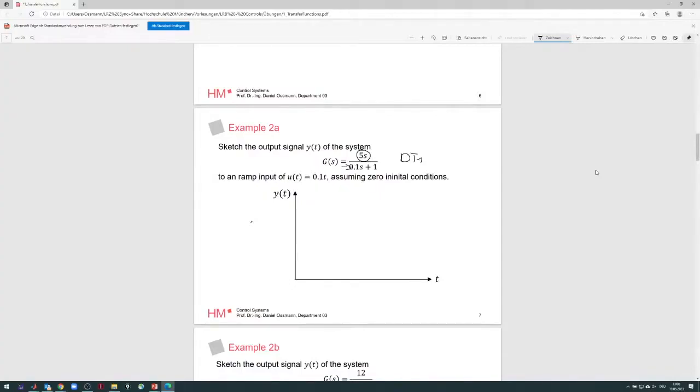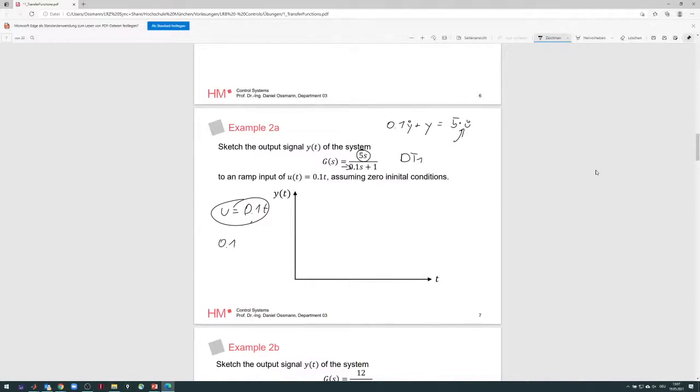If you write the differential equation, it would look like this: 0.1 y dot plus y is equal to 4 times u dot of t. So your input is a ramp. So u is a ramp which looks like 0.1 t. So this ramp is differentiated. So the differentiation of this is 0.1, right?